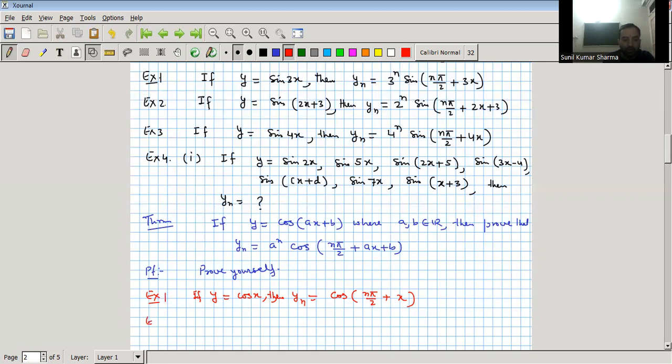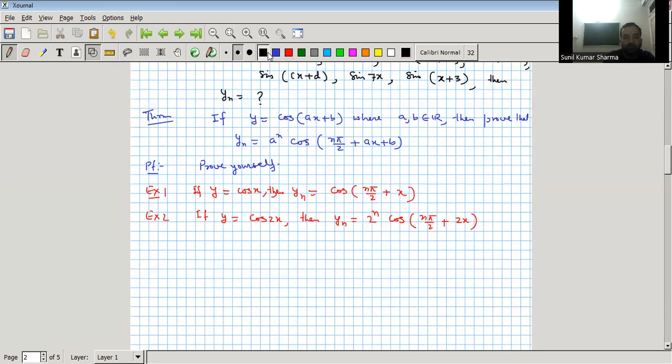So exercise 2. If y is equal to cos 2x, then what is yn? Yes, 2 raised to power n cos of n pi by 2 plus 2x. Very good.